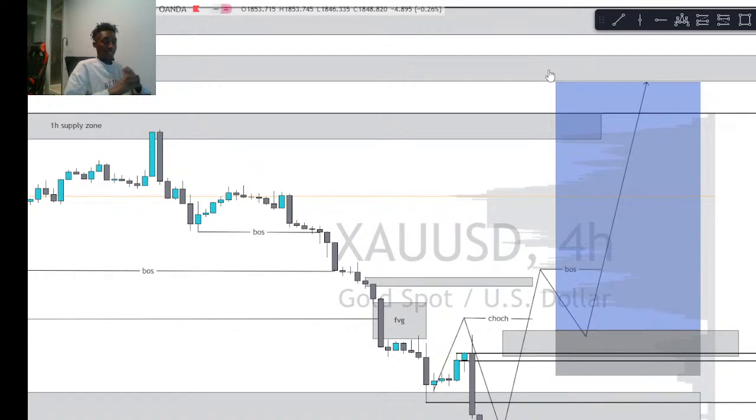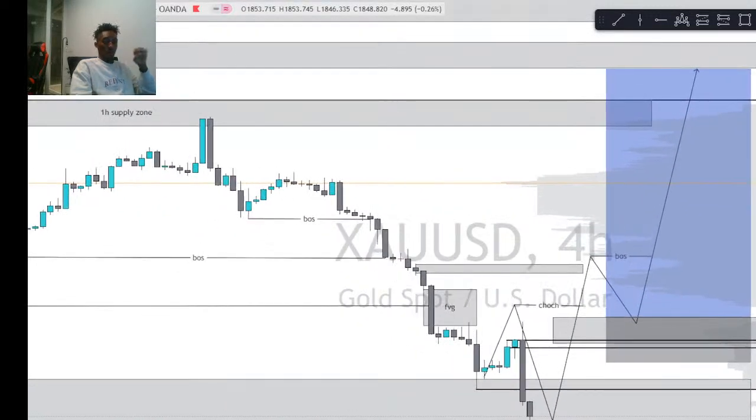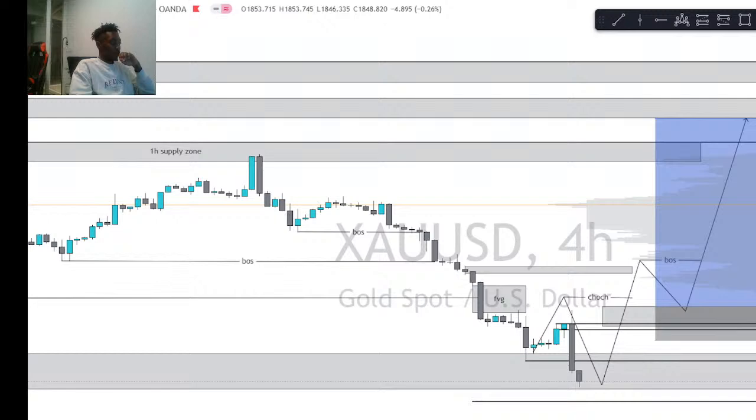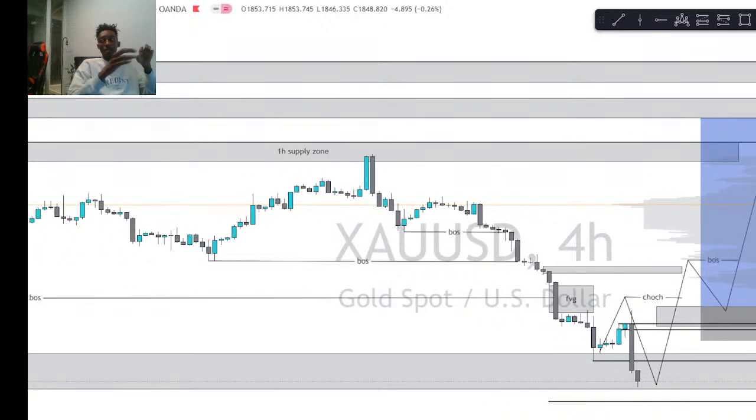Remember, we are still waiting for confirmation. The market is currently following last week's setup. So we are still waiting for confirmation on gold.